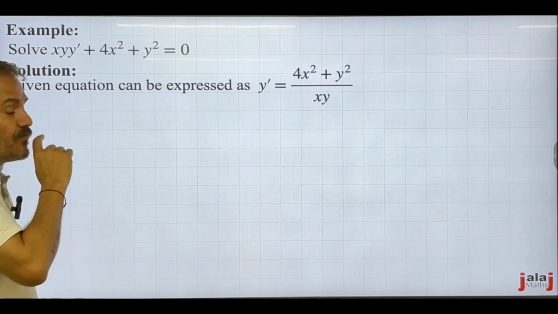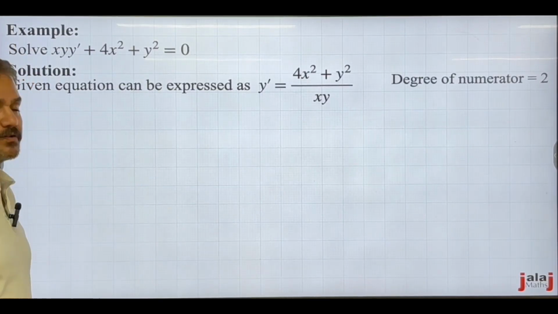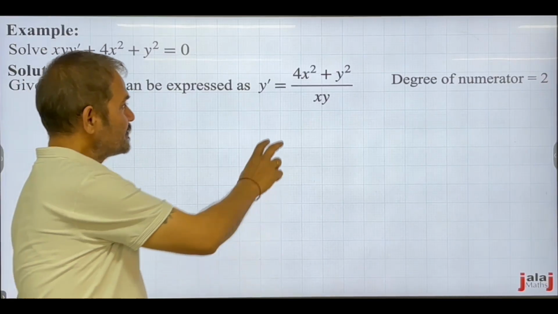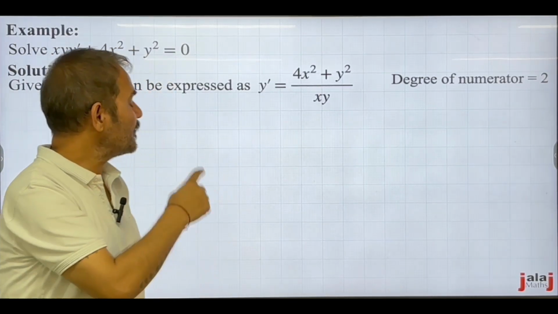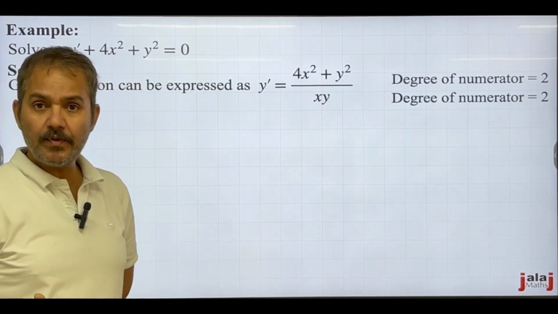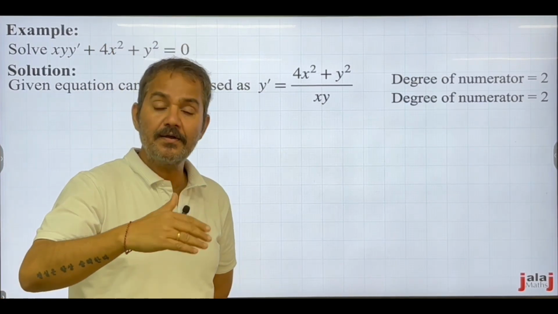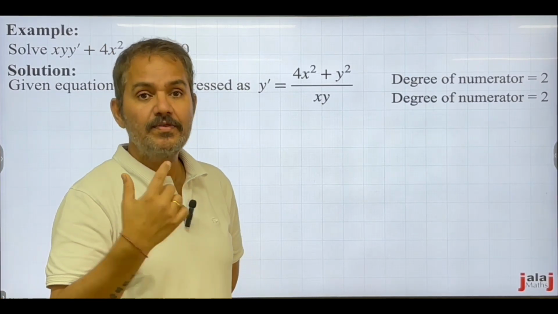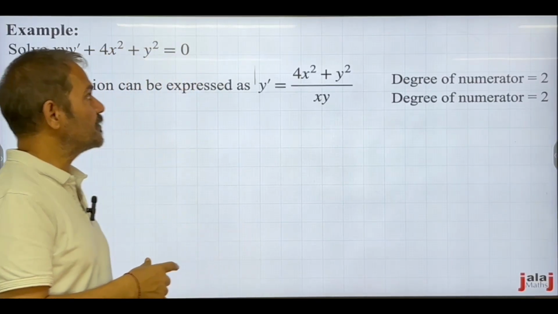So what do we do? We use a different method to solve such equations. Let's check the degree of the numerator here: 2. What is the degree of the denominator? 1 and 1, 2. So such equations, when the degree of numerator and denominator is the same, are called homogeneous differential equations.